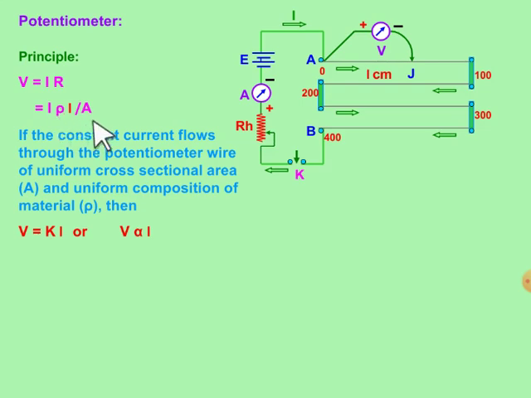Your rho and its cross-sectional area will remain constant. So you need to take a uniform cross-sectional area of this potentiometer wire. If this potentiometer wire doesn't change, its resistivity will not change, its cross-sectional area being uniform will also not change, and as I told you the current is kept constant, then I will also not change.